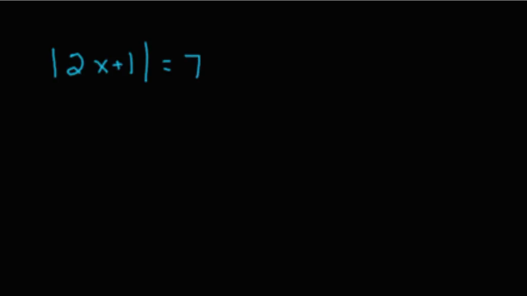The trick to solving absolute value equations is remembering that what you have in here has to equal 7, and so you have to consider both when 2x plus 1 equals a +7 and when 2x plus 1 equals a -7. Because if 2x plus 1 is a -7 and you've got the absolute value of that, it's still going to be 7. So we have to look at both possibilities.